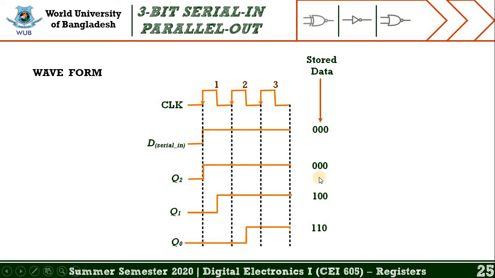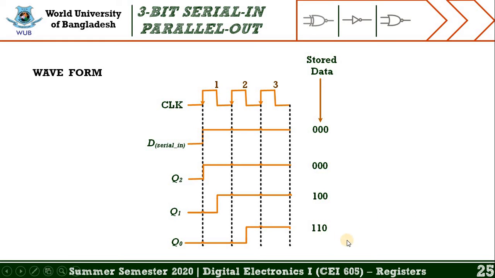The output of the second flip-flop stores the value 100, and the output of the third flip-flop stores the value 110. So that's all for the 3-bit serial in and parallel out.